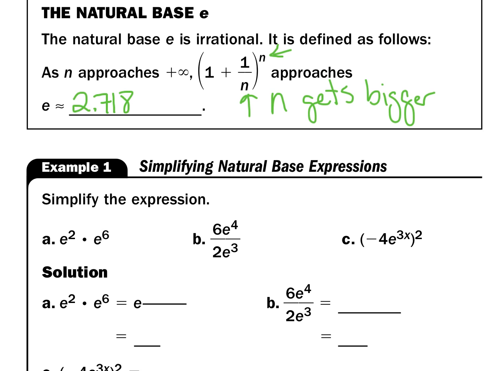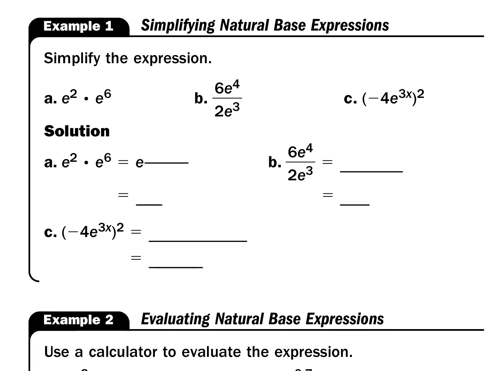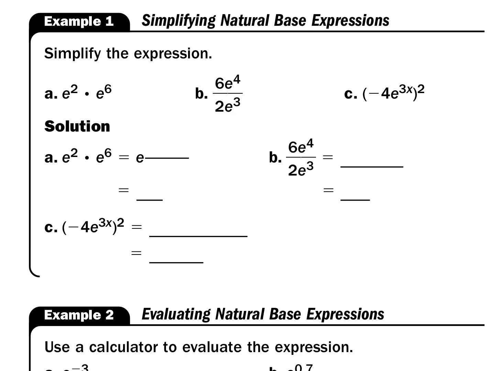So what we're going to do is go through a few of the examples, and we're going to determine that the number e works like all other variables, in that it follows all of the same exponent rules. So for example 1, simplifying natural base expressions, it says simplify the expression.